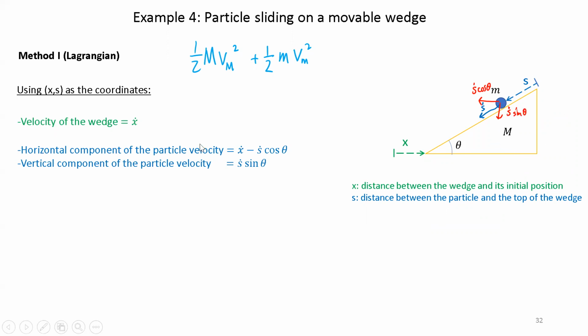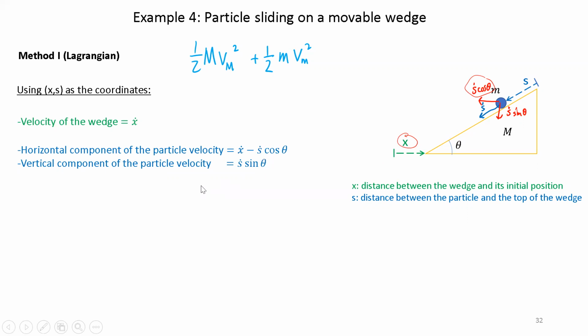So the total horizontal component of the particle velocity would be this s dot cosine theta plus this x dot. But they are opposite to each other, so that's why I have this x dot minus s dot cosine theta. It doesn't matter whether I do it the other way around, whether it's positive or negative, because we are going to take the square anyway.